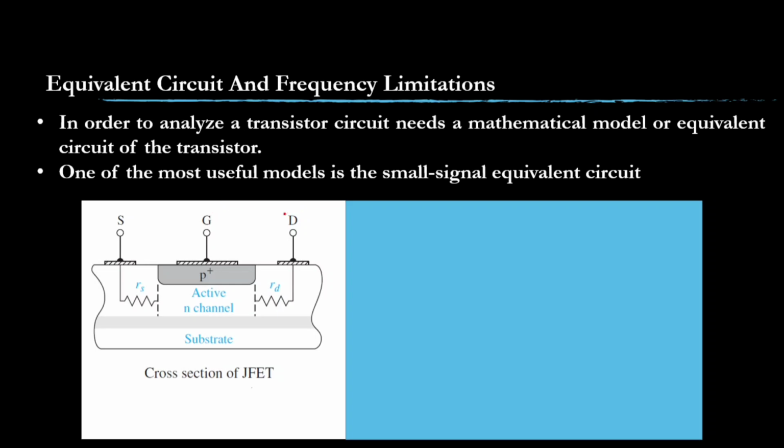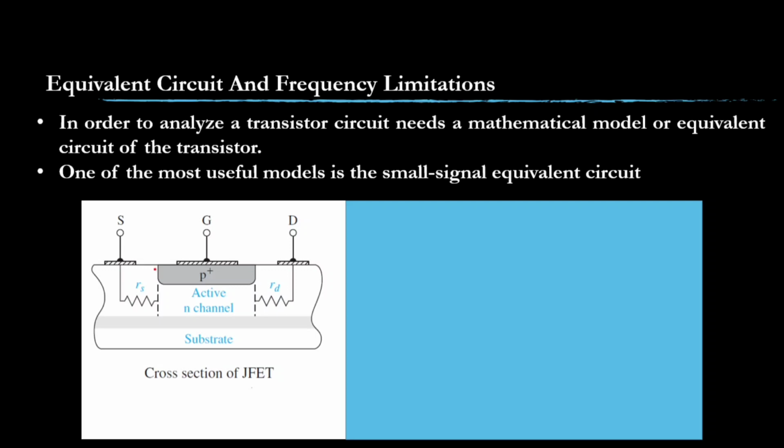This is an N channel JFET, you can see the P plus region over here, and we are going to apply a negative input to the gate source. We have seen the working of this JFET in previous sessions.